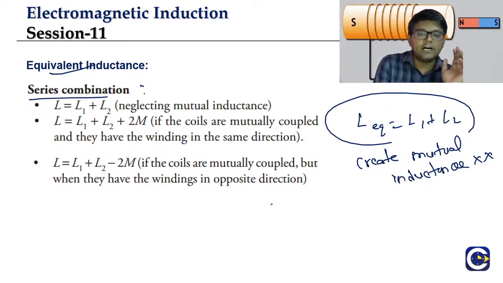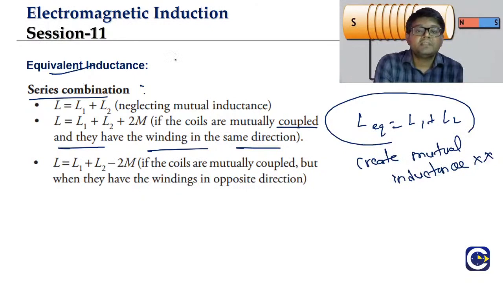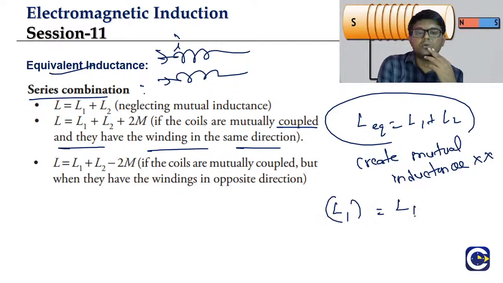If you have the coils coupled with windings in the same direction, meaning they carry current in the same direction, like this, then L1 overall will be equal to L1 plus M, and L2 overall will be equal to L2 plus M.